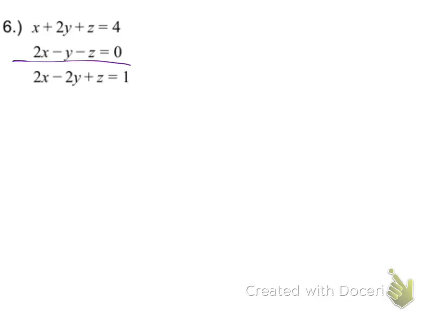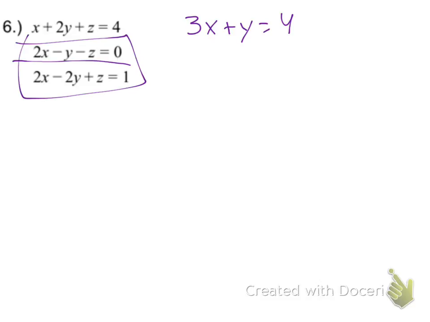I'm going to put the first 2 together, because when I do this, the z's will cancel. This will leave me with 3x plus y equals 4. Is everybody okay with that? Absolutely. And then I'm going to go back and put the last 2 together, which leaves me with 4x minus 3y equals 1.